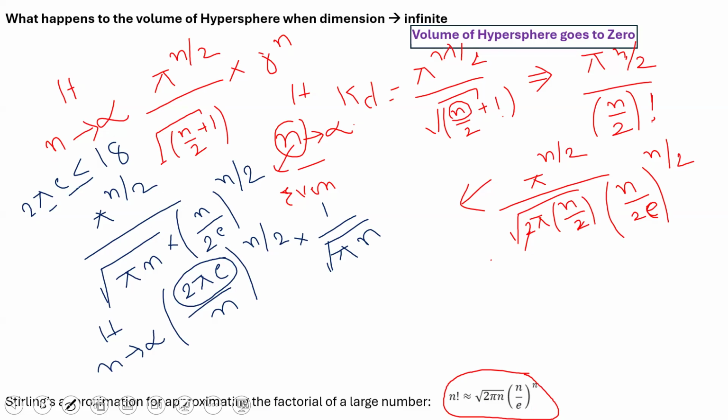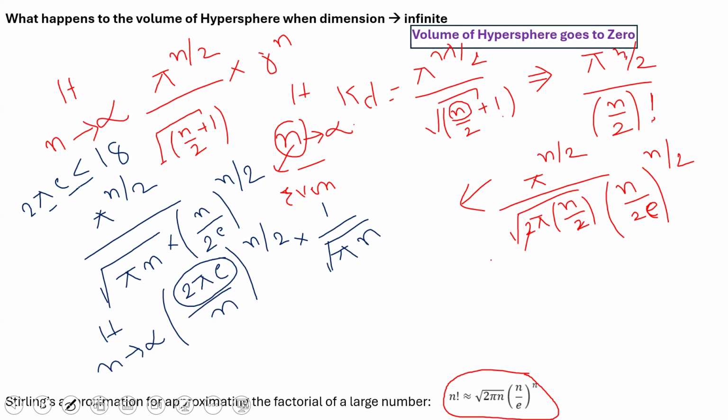So 2.718 into 3.14 into 2, it is coming as 17.06.